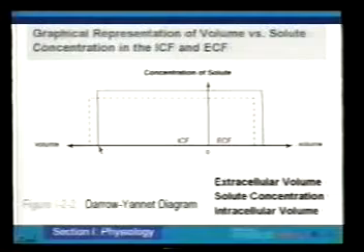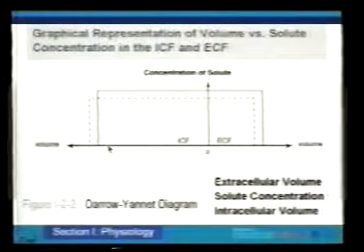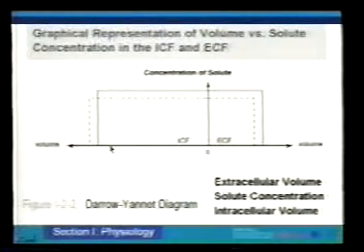Now if the volume of the intracellular fluid increases, the line would shift in this direction, and therefore this dashed line here represents a situation where the intracellular volume has increased. On the other hand, if the intracellular volume decreases, the line would shift in this direction and would be closer to the origin.